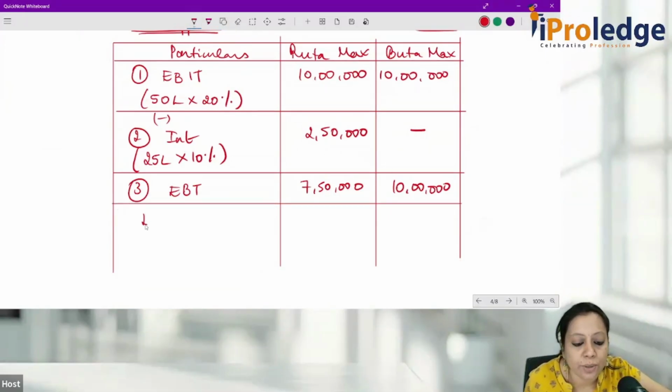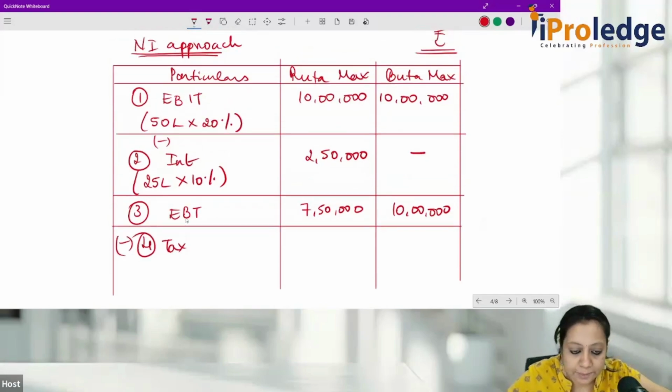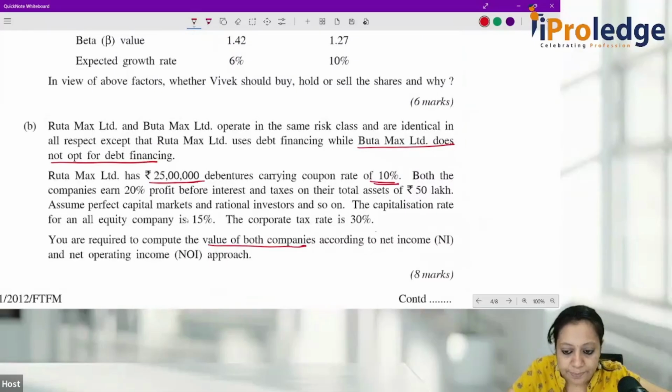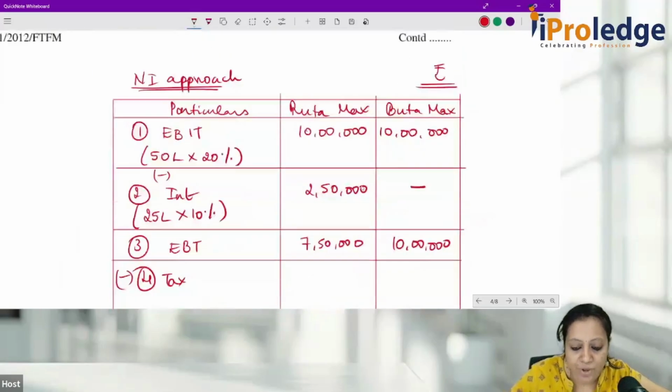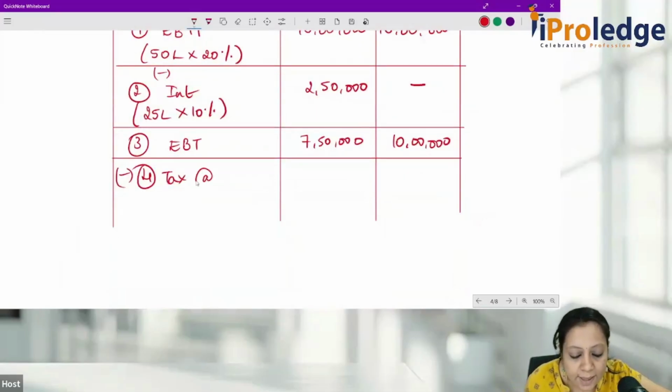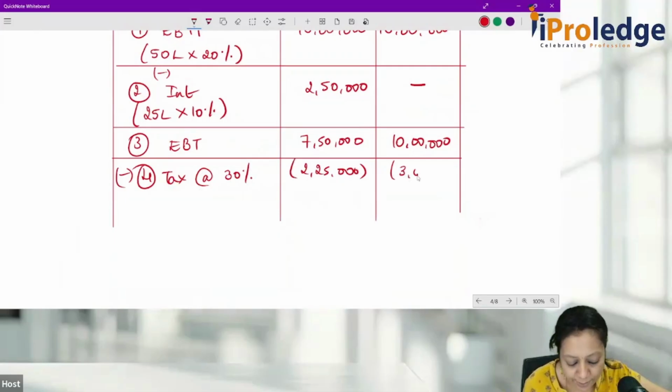Next, what we should do is minus tax. They have given that the corporate tax rate is 30 percentage. Tax at the rate of 30 percentage. So all of you please do this. This is 2,25,000, and this is 3 lakhs.